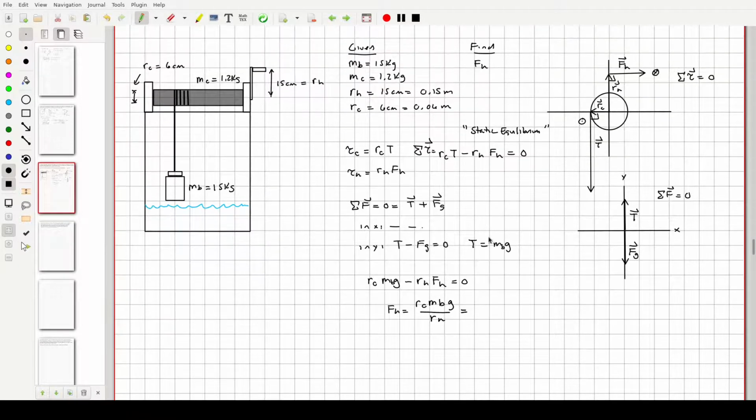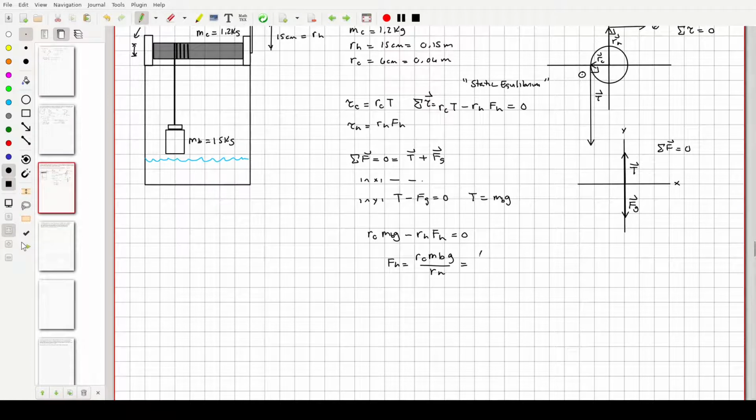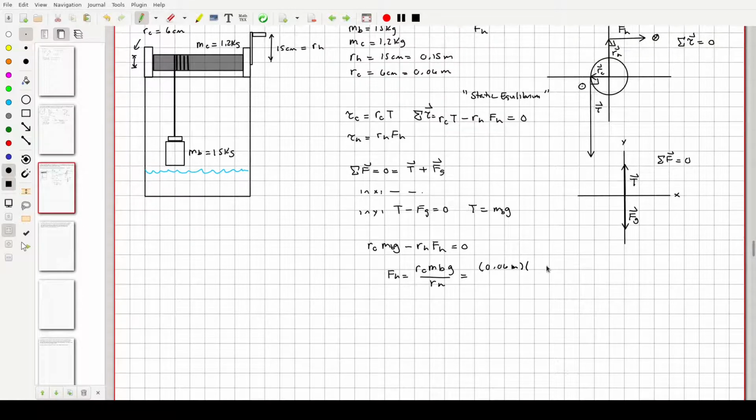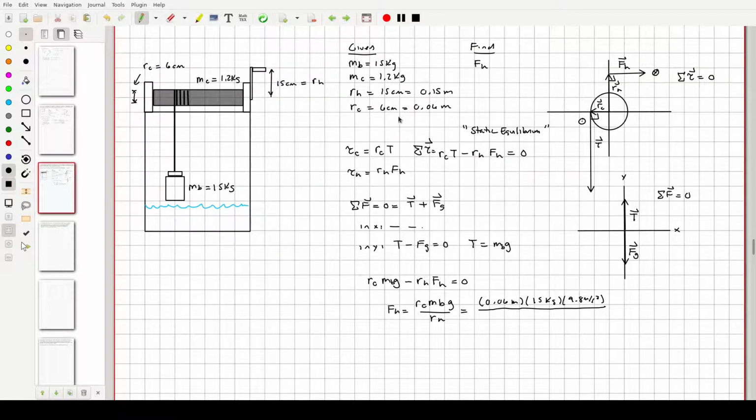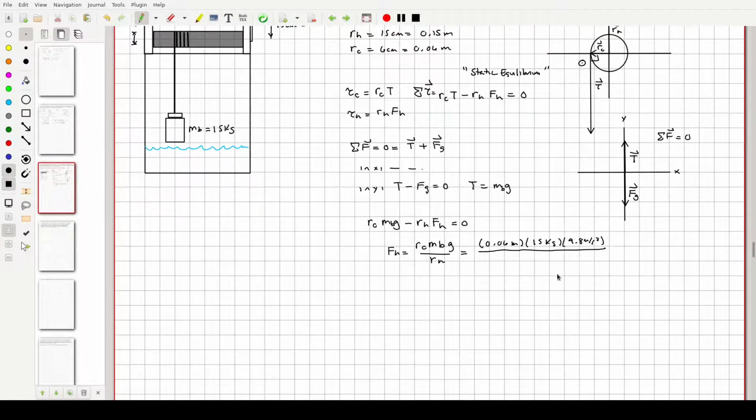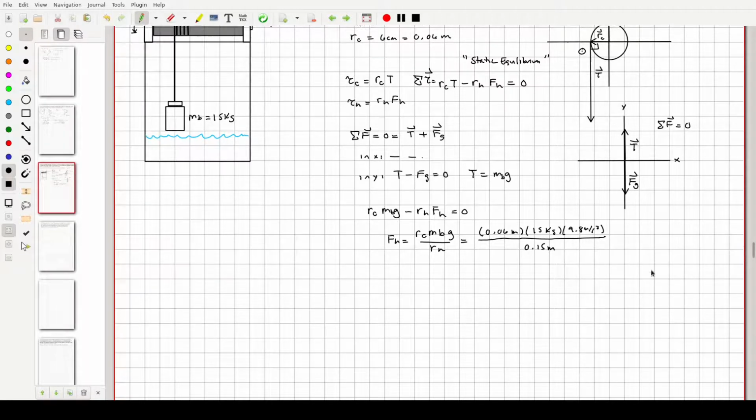So R sub C, 0.06 meters. The mass of the bucket, 15 kilograms. 9.8 meters per second squared is g. And then the handle is 15 centimeters.